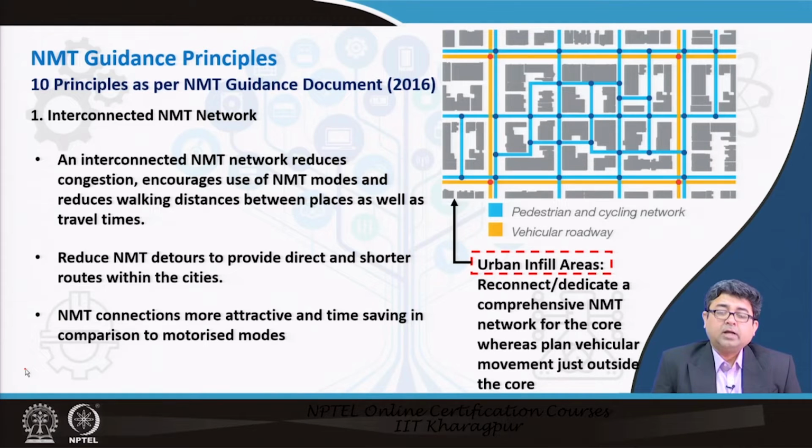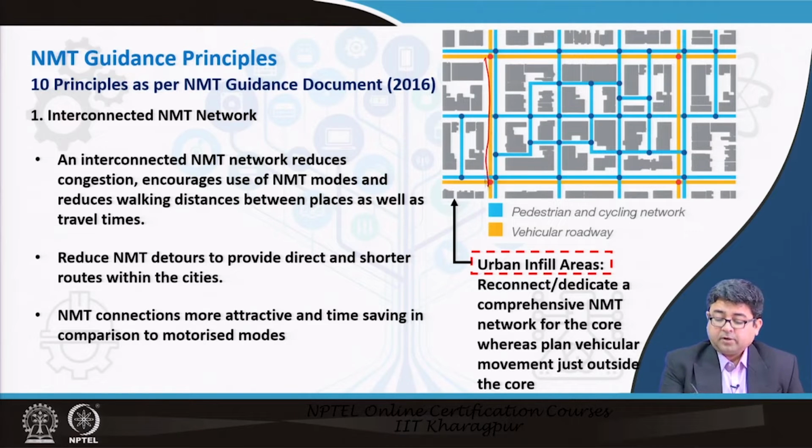When you are trying to walk from your home to the nearest bank and you see that there is a footpath near your house, but as soon as you reach closer to the bank, the footpath disappears, that is discontinuous infrastructure, that is not an interconnected network. If you have such discontinuous networks, then people will not walk or bicycle or use any other forms of non-motorized transport.